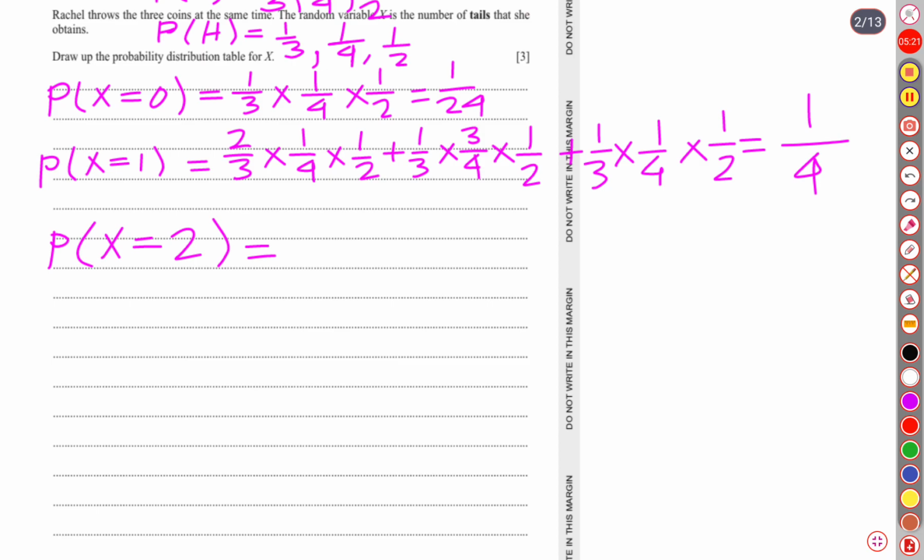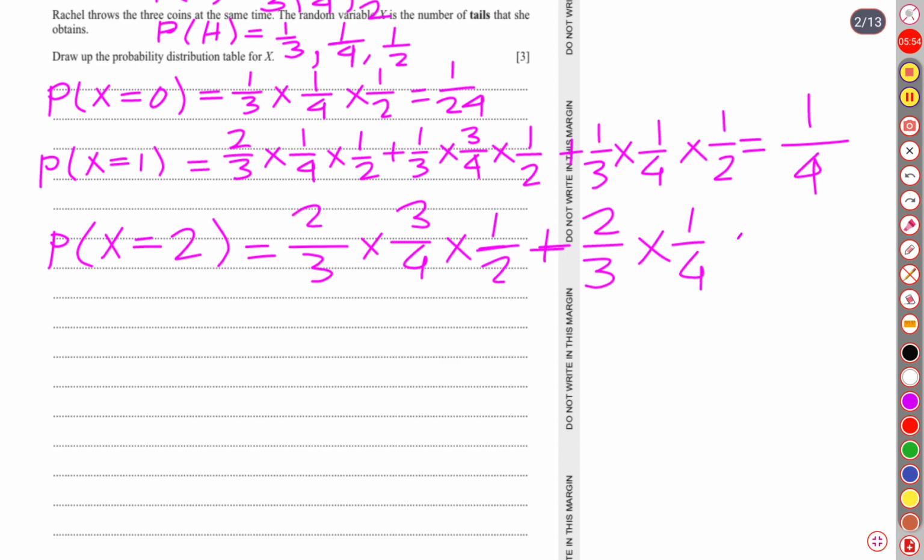So for first two tails it is 2/3 into 3/4, and the third one is head, so it is going to be half. Second possible case, first one is tail as well as third one is also tail. So second one is head, which is 1 over 4, and third one is tail. So this is the second case.